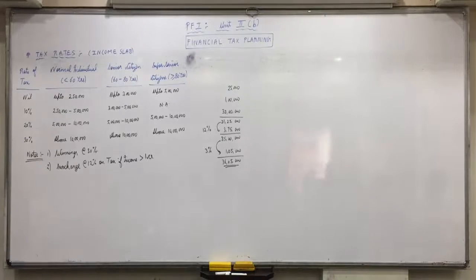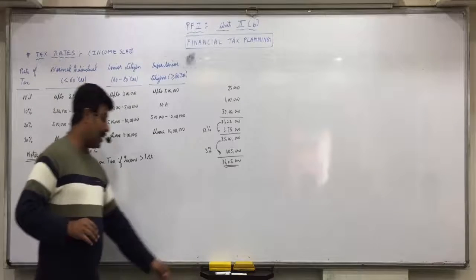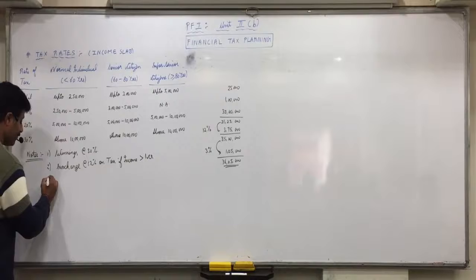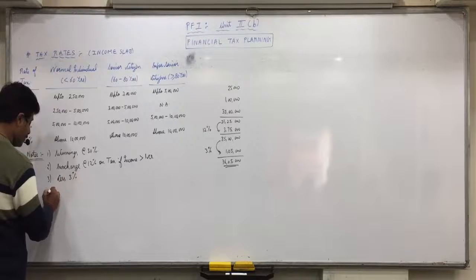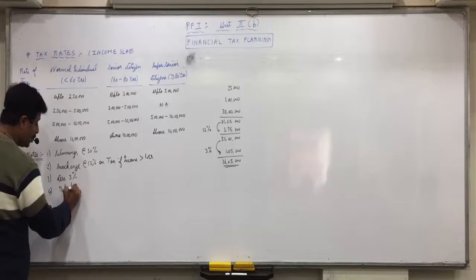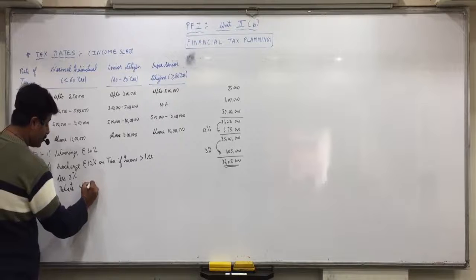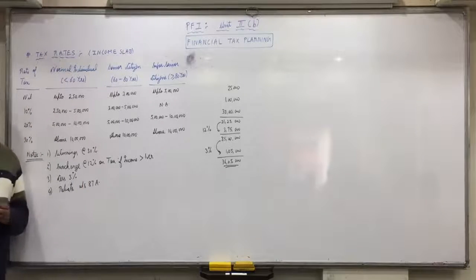Further, fourth, rebate under section 87A is applicable. Rebate under section 87A is applicable if taxable income is up to rupees 5 lakhs.